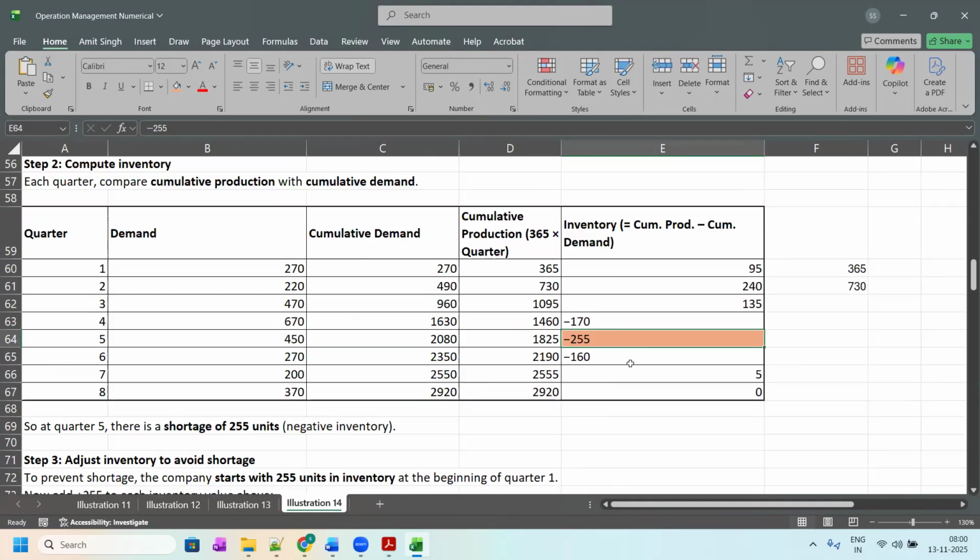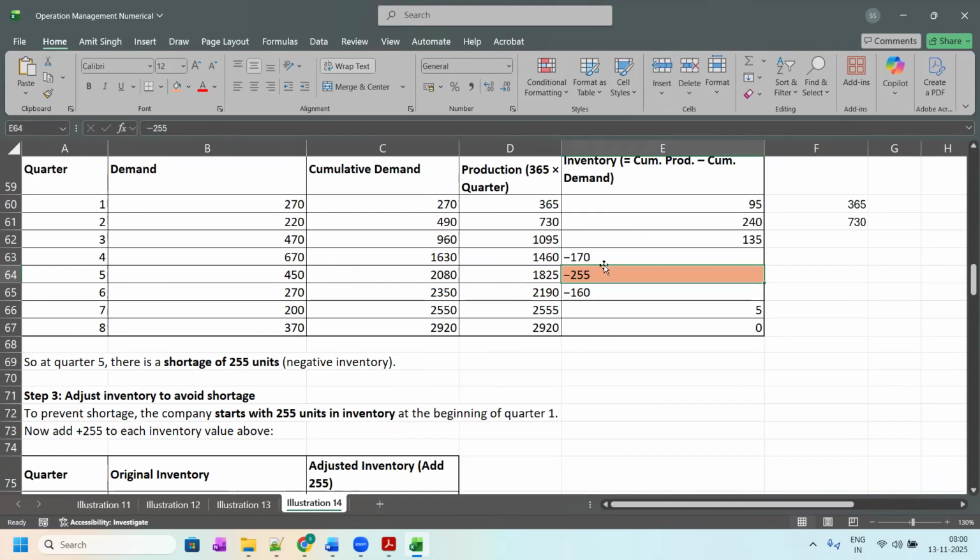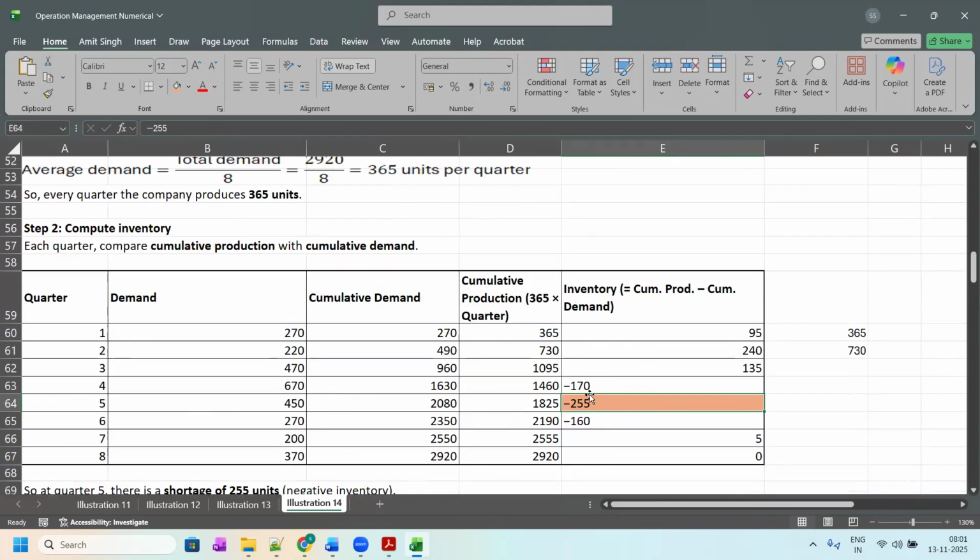Once we realized that in quarter 5 we had a shortage, out of this increase or decrease in the inventory, we calculated the most sensitive unit. The most sensitive unit we got as 255 units, in quarter 5. Then we adjust the inventory to avoid the shortage. To prevent the shortage, the company should start with 255 units in inventory in the beginning of quarter 1.